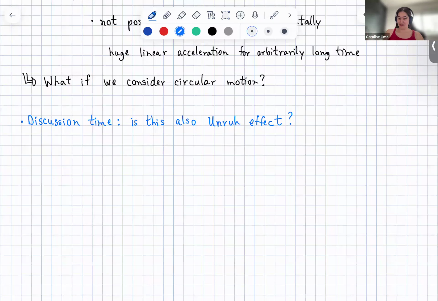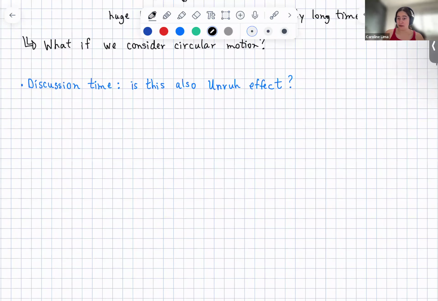Okay, I guess now you are quiet. If you don't want to keep talking, let's just have some observations. One possible way of implementing it would be in a synchrotron. Yeah, that is true.